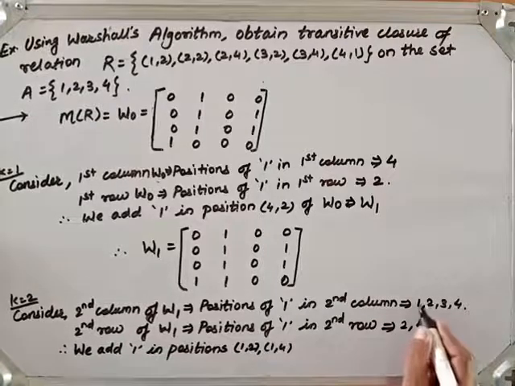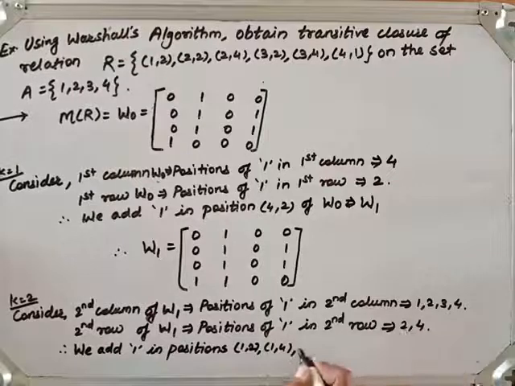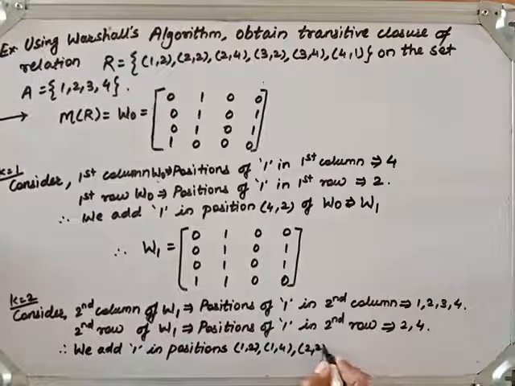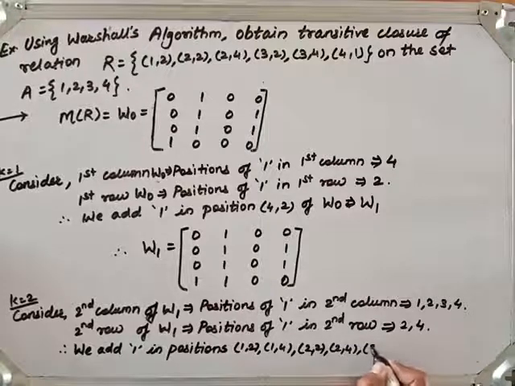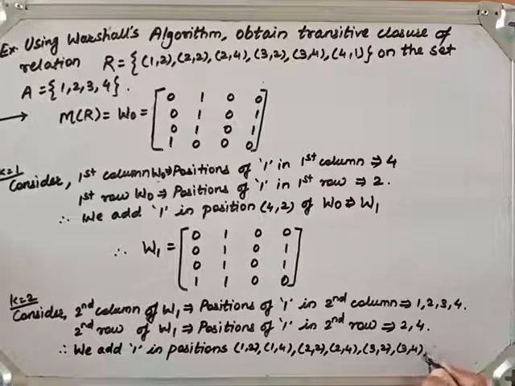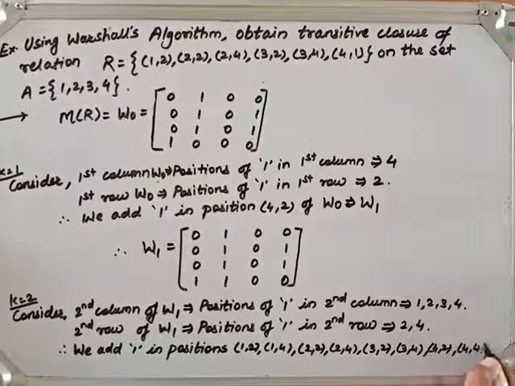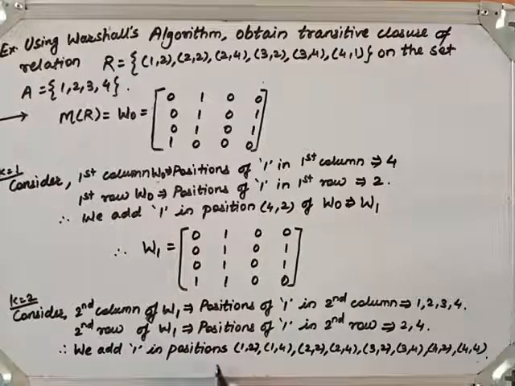We are considering each Pi with Qj. As such we will write 1 at these positions, and that gives us what?